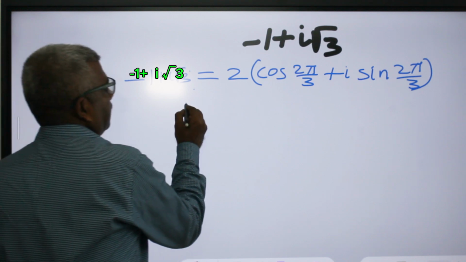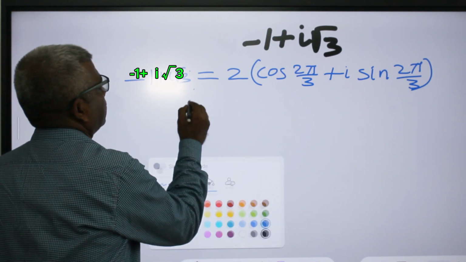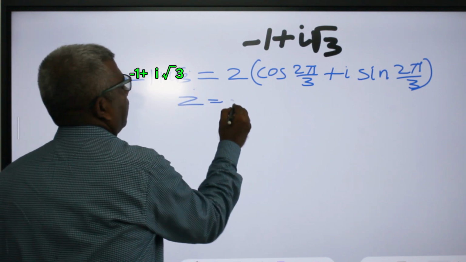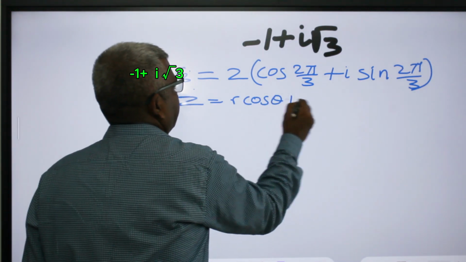What is the formula? Z is equal to r cos theta plus i sin theta.